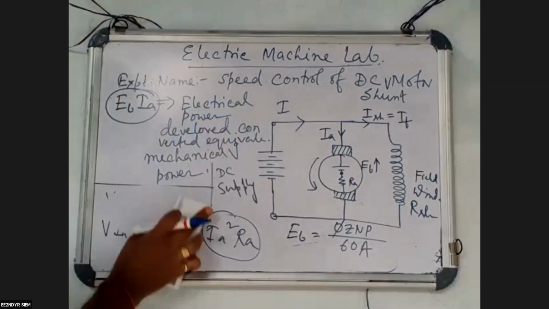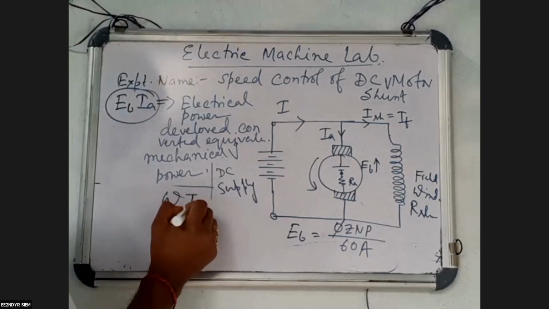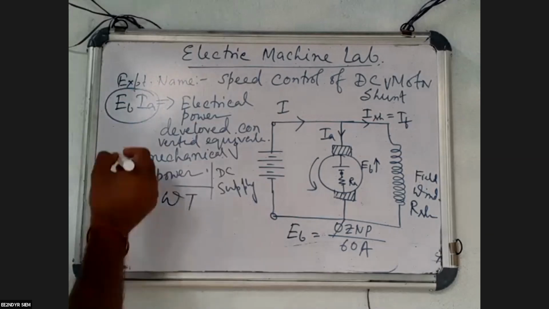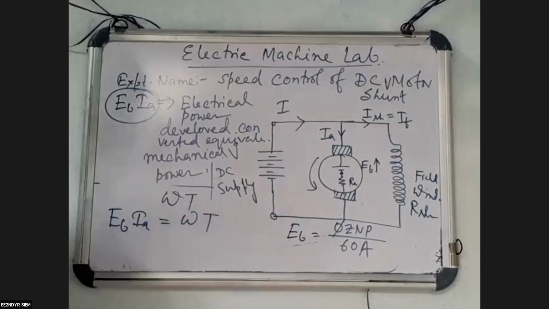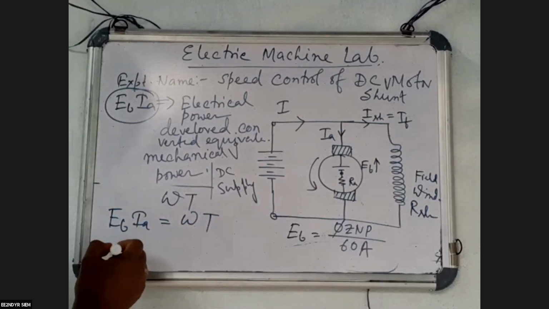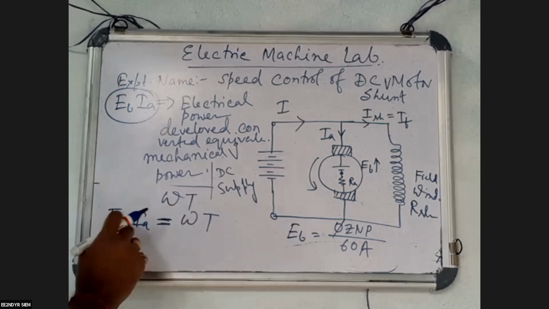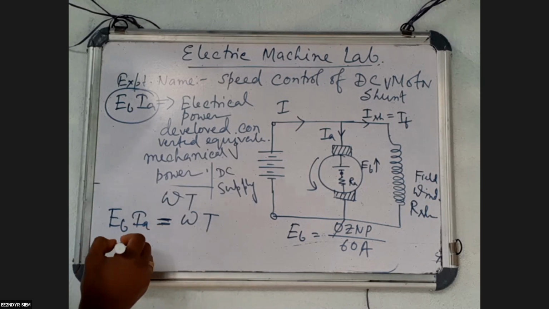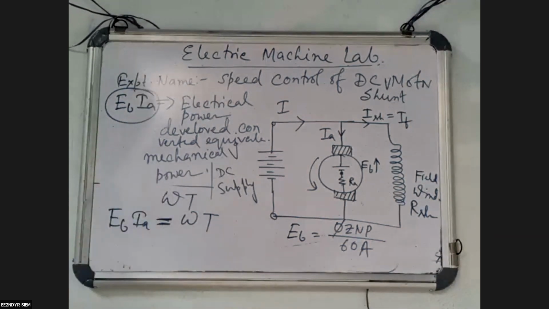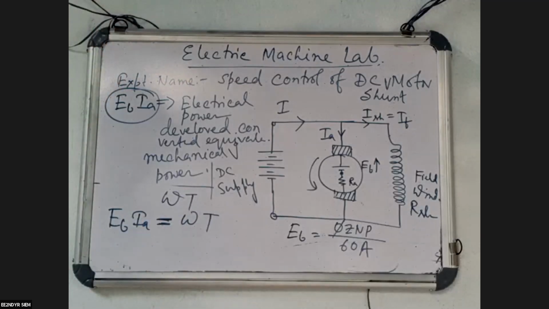That is given by omega into T. Or you can say EB into IA will be equal to omega into T. So the electrical equivalent power which is developed is equal to mechanical power, omega into T.